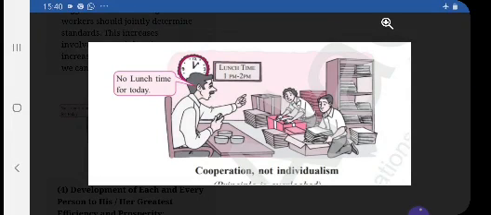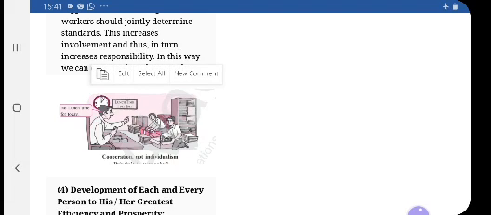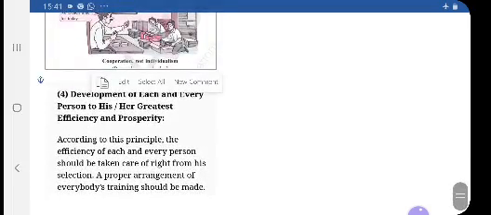So this leads to dissatisfaction of the individual workers, and that may hamper achieving the goal of the organization. So there should be cooperation, and all should be equally given importance, both worker as well as manager.